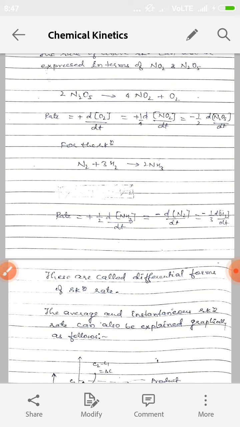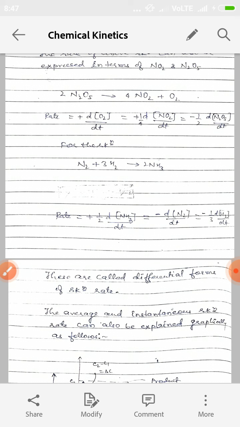Now let us see the chemical reaction N2O5 gives 4NO2 plus O2. Now we can write in rate form: rate equals plus dO2 by dt equals plus 1 by 4 d NO2 concentration by dt equals minus 1 by 2 d N2O5 concentration by dt.